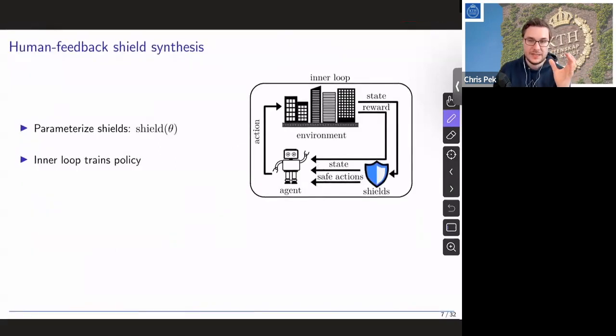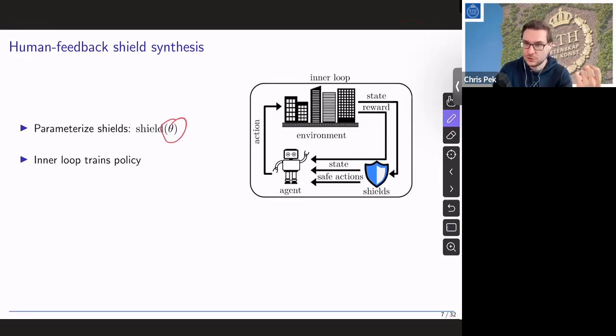The general idea for perceived safety that I want to talk about today is that we extend shields by not being static, but parameterizable. So instead of having a shield that sorts out certain actions, we can parameterize it given the parameter, in this case, theta. And theta could correspond in a shield to the minimum distance the robot needs to keep to obstacles or to a human.